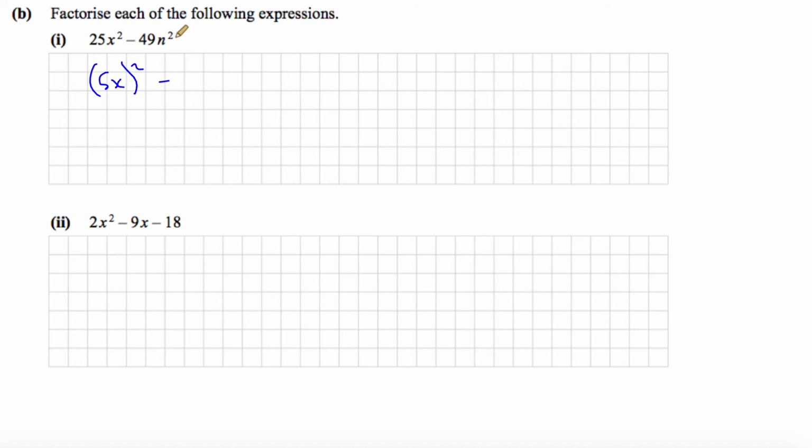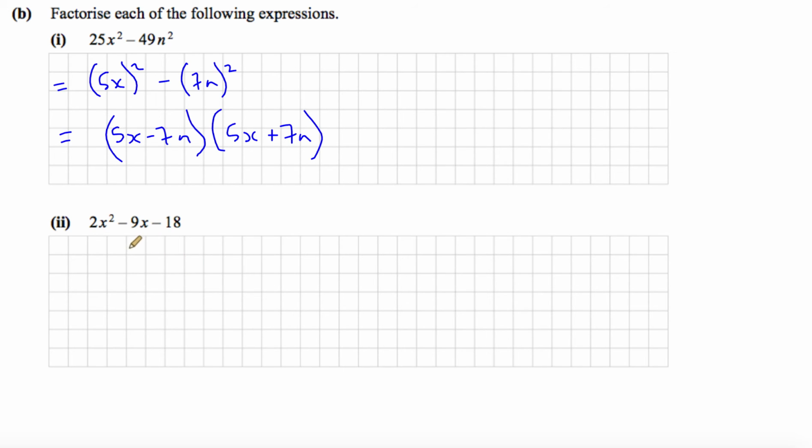Minus the square root of 49n squared is 7n all squared. So that can then be written as (5x minus 7n)(5x plus 7n), difference of two squares.